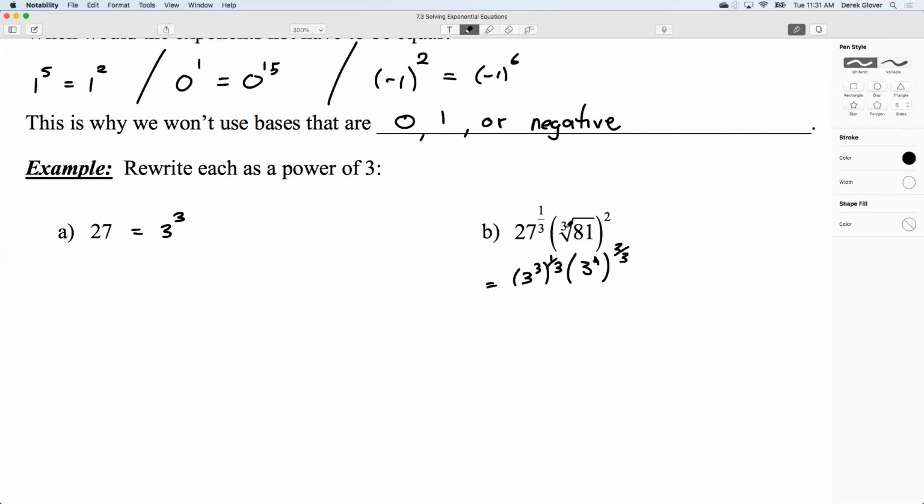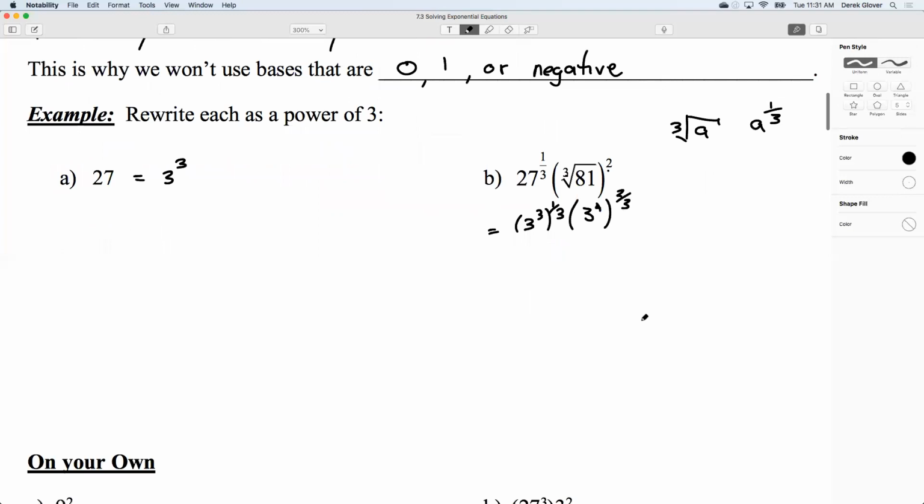The 2 over 3 comes from the cubic root. The cubic root of anything is just that number to the power 1/3. So the cubic root of 81 to the power 2 is 2/3, or 3 to the power 4 to the 2/3. It's just an application of exponent laws. So now that we've got it written like this, we can do some more simplifying. 3 to the 3 times 1/3 is 3 to the 1.